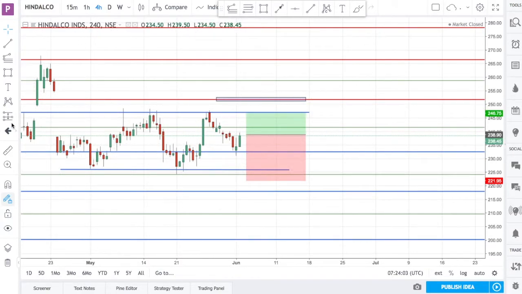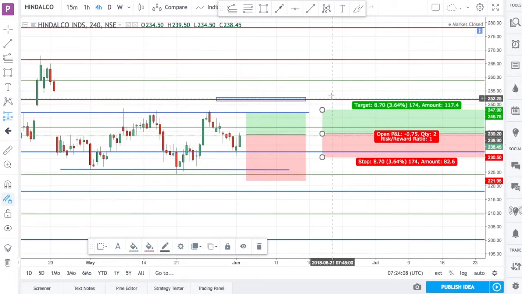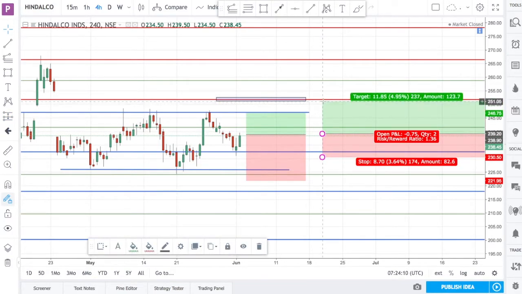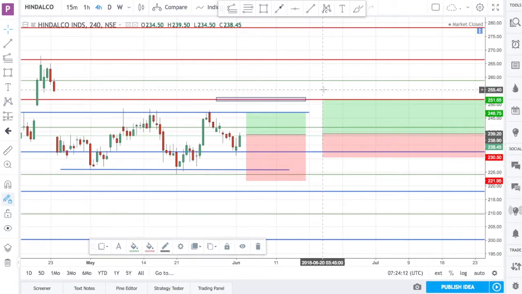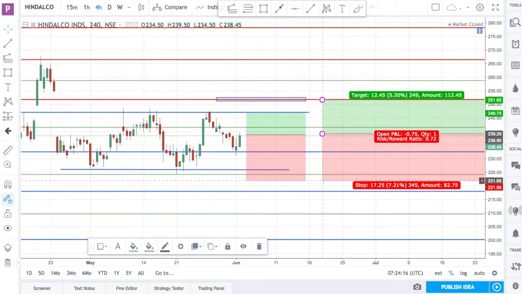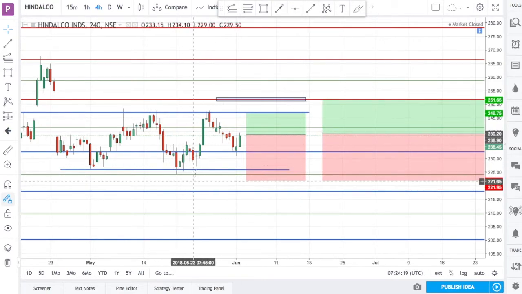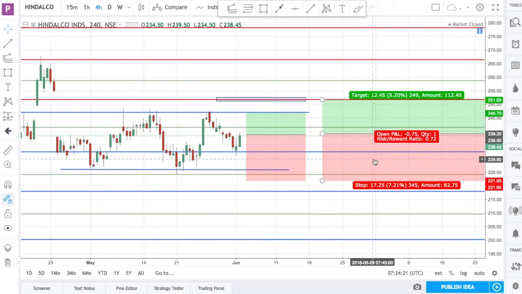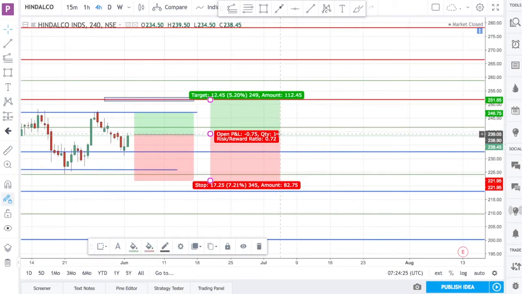And our second target would be within the zone, with a stop loss just below this low here.